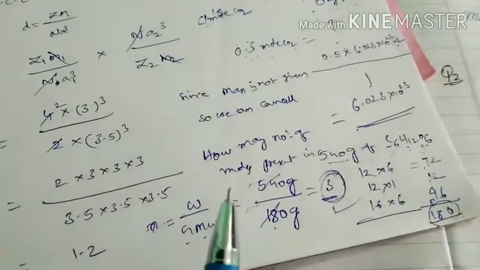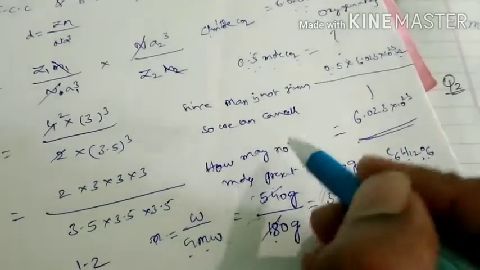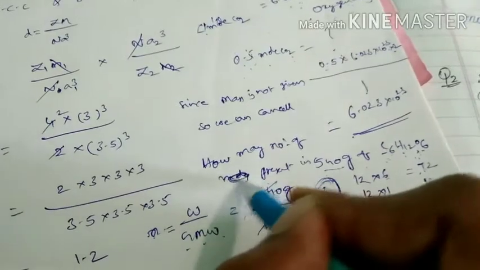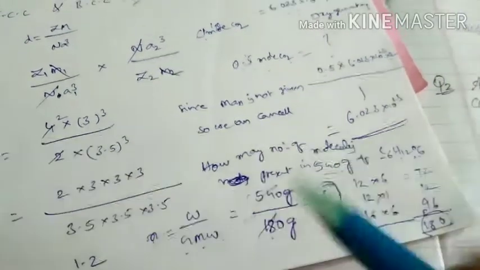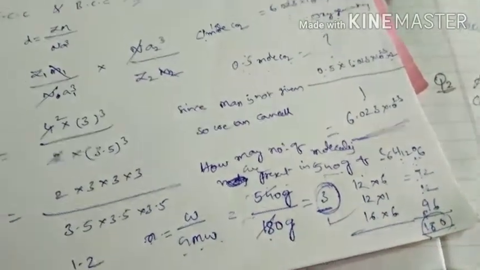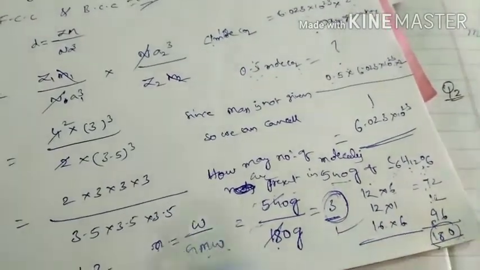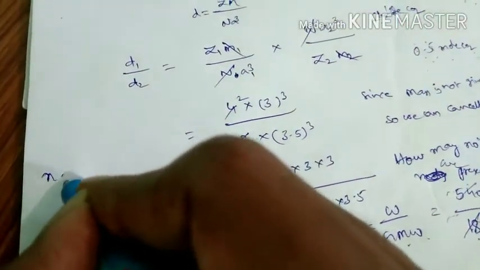Suppose in the same question, the question is like this: how many molecules are present in 540 grams of glucose? Then what do we have to do? We have to apply the second formula.